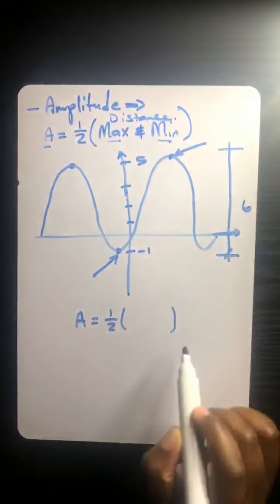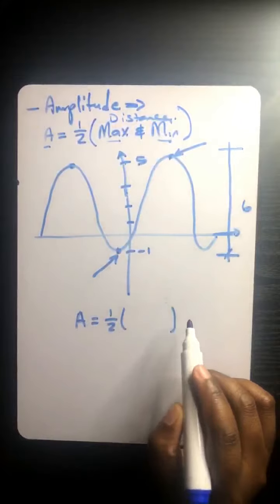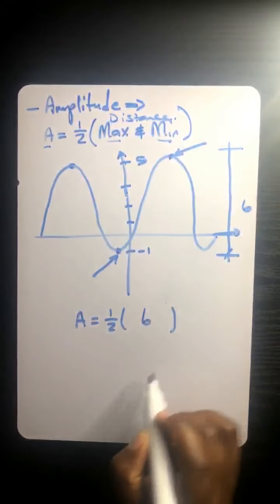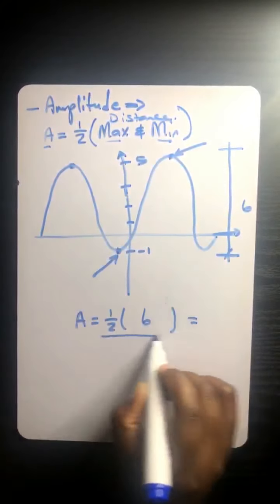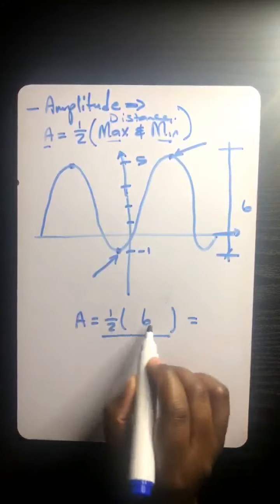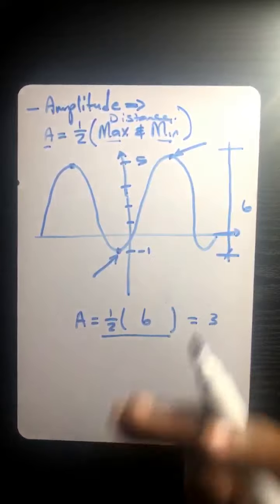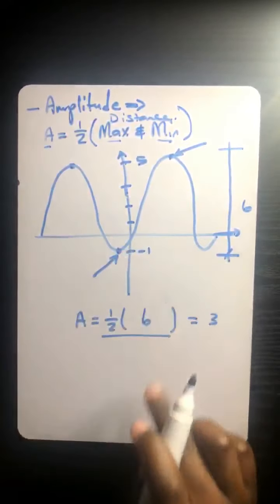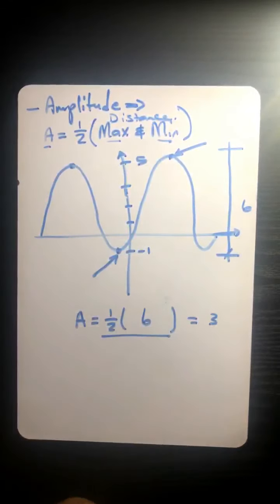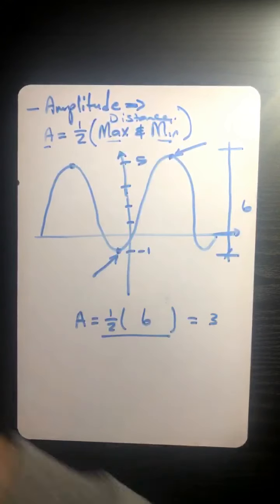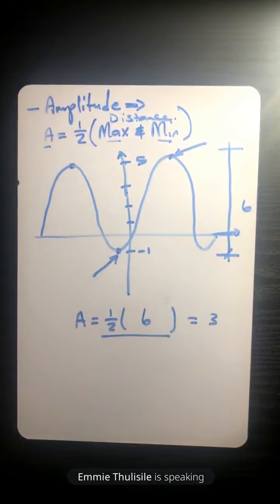Is it not 6, guys, the total distance? If that is the case, then there is 6. Then you punch this on a calculator, you have half of 6 being 3. So in case the question says what is the amplitude of that, this is how you calculate it. Are you all happy there? Yes, sir.